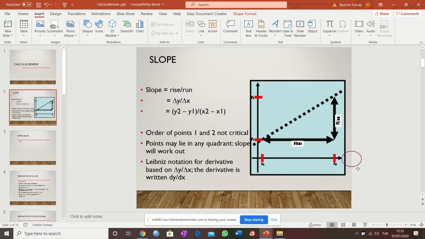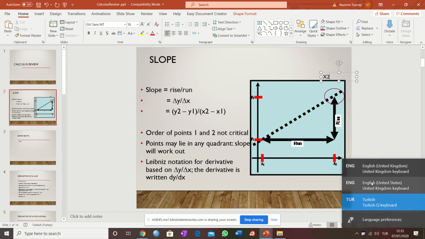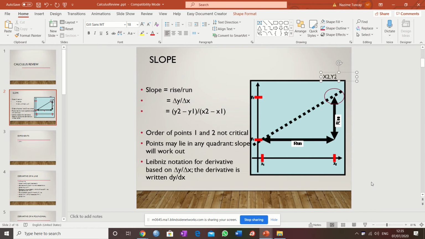This is y2, this is x2, and we can write it like that: x2 comma y2 in brackets. So every point is referred to by an x and a y. So this here is x2 and y2.